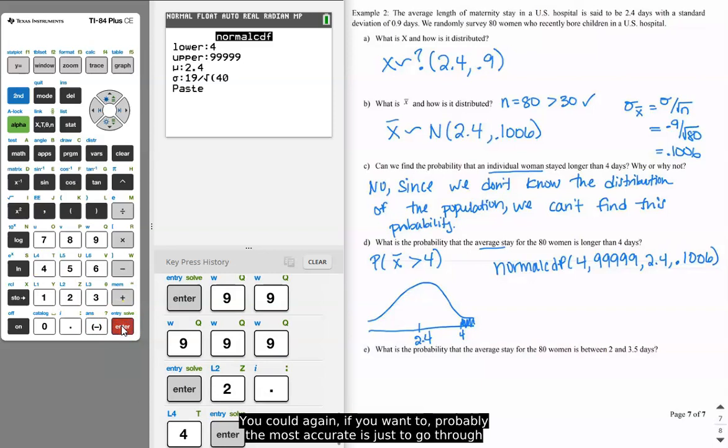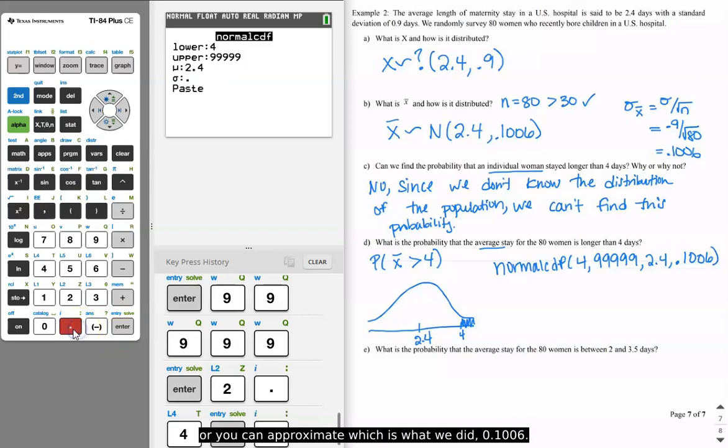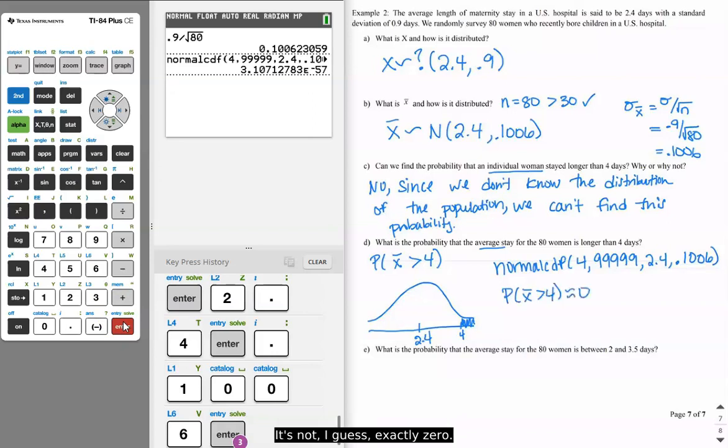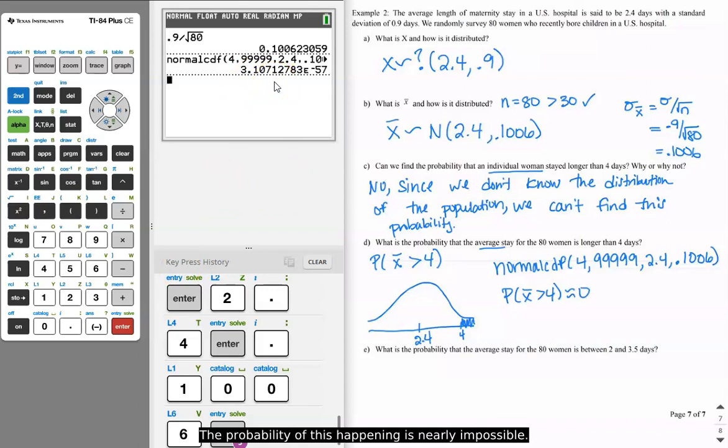Probably the most accurate is just to type the 0.9 divided by the square root of 80, or you can approximate, which is what we did, 0.1006, we'll paste that, and we'll get roughly 0. It's not exactly 0. There are some decimals, but it's roughly 0 for our case if we round. So the probability of this happening is nearly impossible, okay?